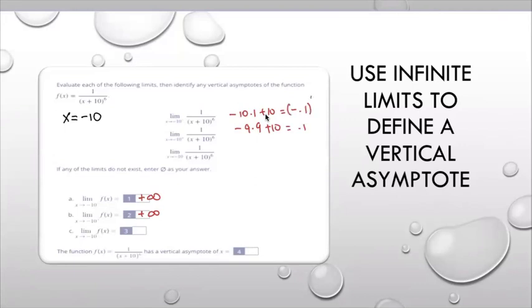But when you take this to the power of 6, this is positive and this is also positive. So it doesn't make a difference because the exponent is even. So both sides are heading towards positive infinity, which means that the limit exists and it's infinity. And we have a vertical asymptote at x equals minus 10.